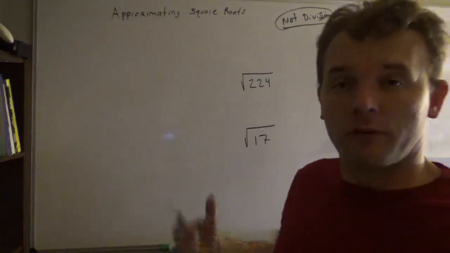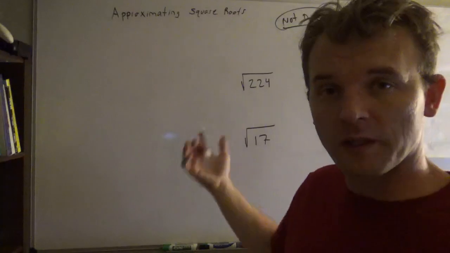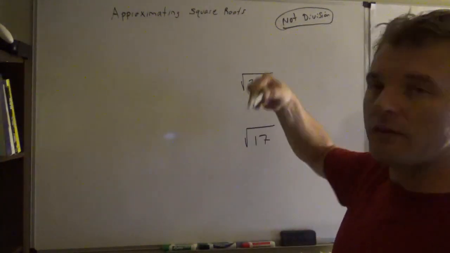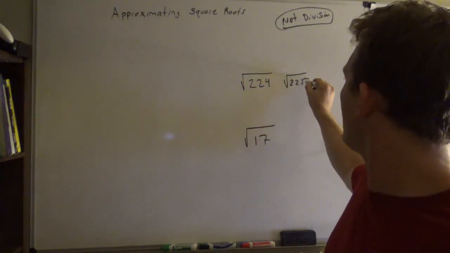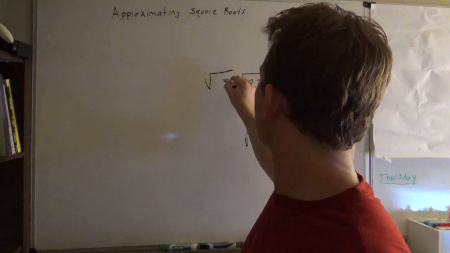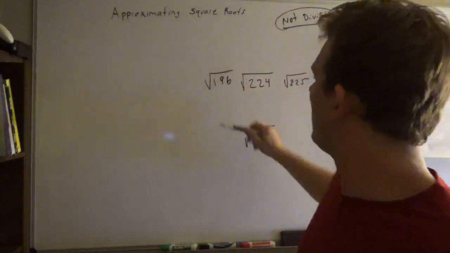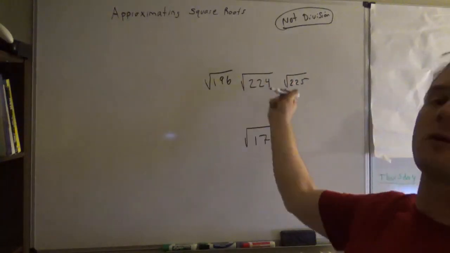So think of your squares, your square roots, your perfect numbers versus your square roots. So 225, if you can think bigger than this, the square root of 225 and the square root of 196. And 17, think of a bigger number that's perfect.